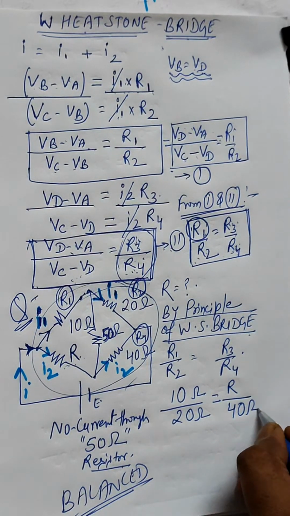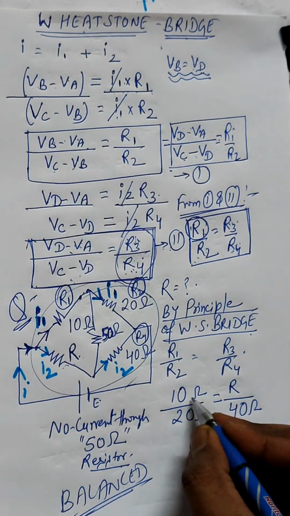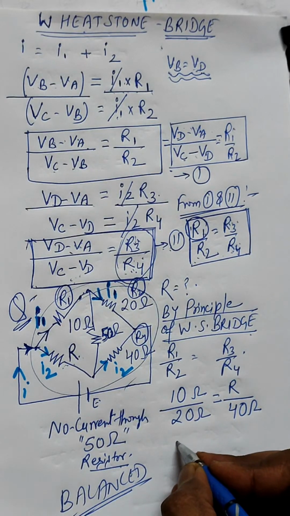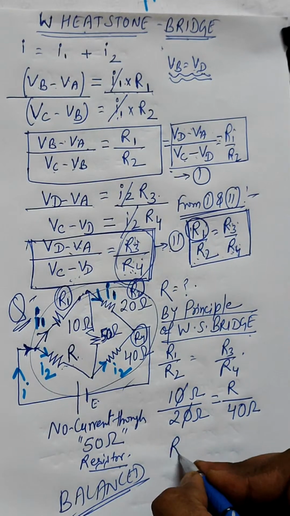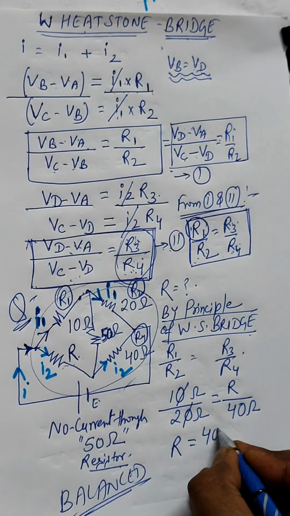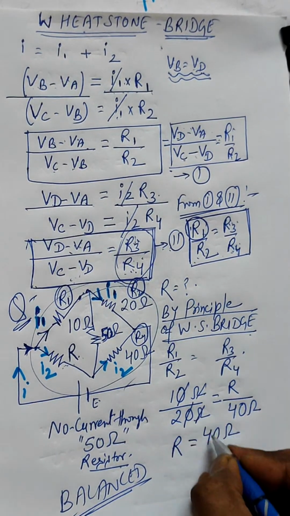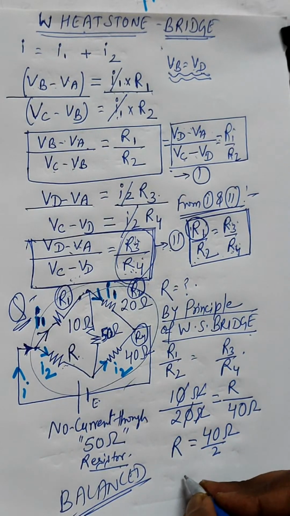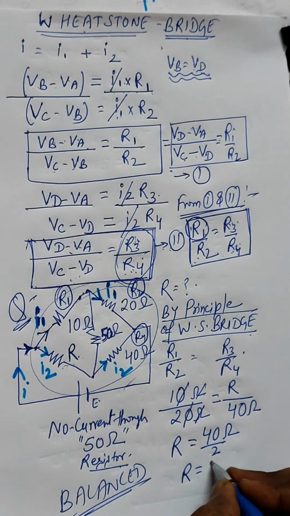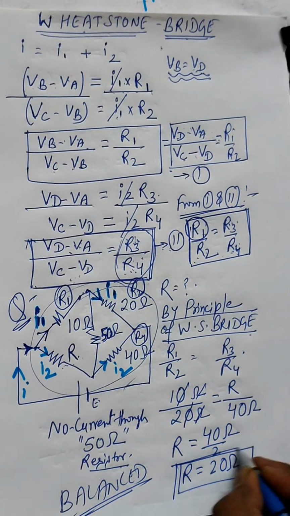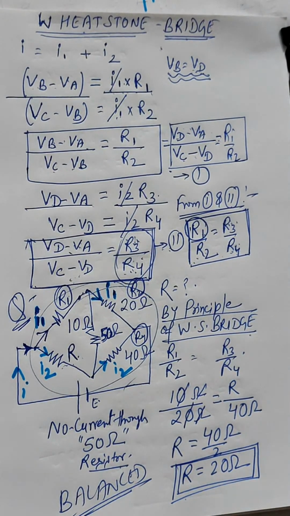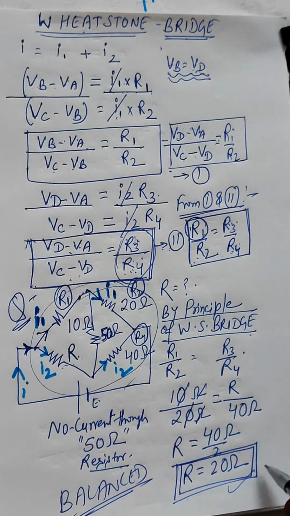Now, with simple arithmetic calculation, we find the value of R equal to 40 ohm divided by 2. So the value of the unknown resistance is 20 ohm. This is the answer, right? 20 ohm is the value of this unknown resistance.